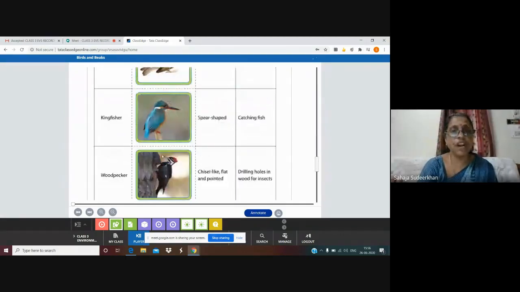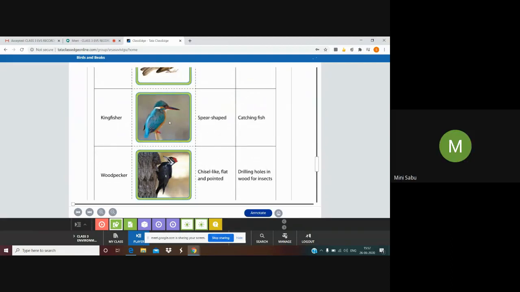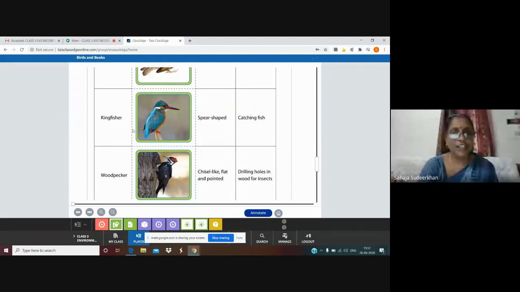Next one is kingfisher. How many of you have seen? Did you see a kingfisher? Yes ma'am. Very good. It is a beautiful bird, isn't it? Now, kingfisher has a long spear-shaped beak to catch fish.